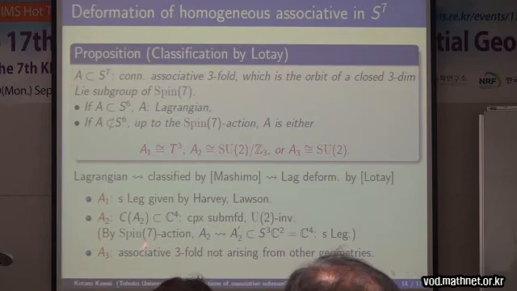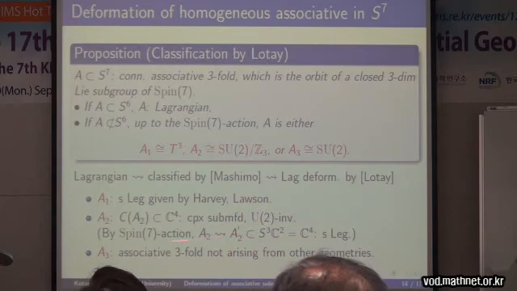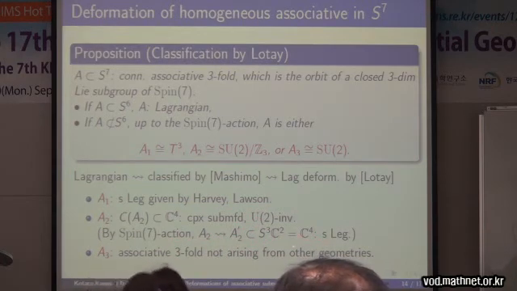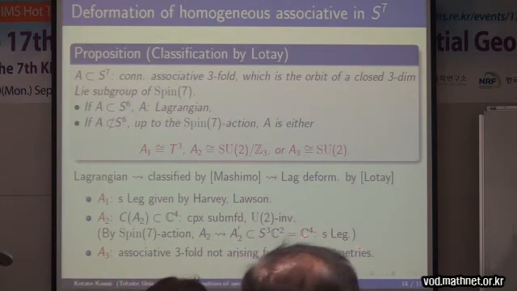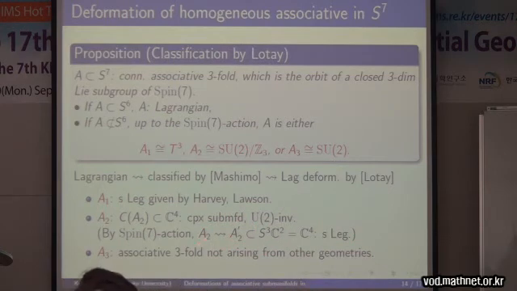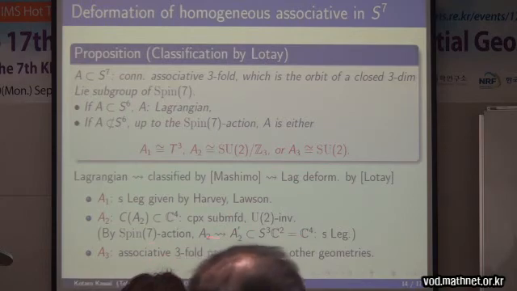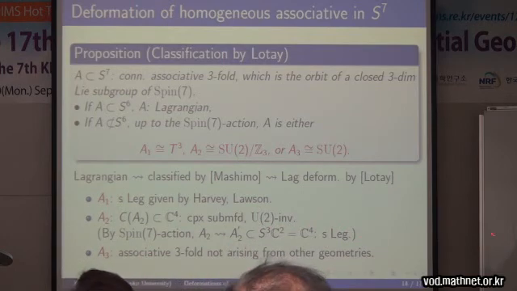By the Spin 7 action, A2 can be deformed to A2 prime, and A2 prime in C4 is special Lagrangian, which is obtained by the irreducible representation of SU2. Very interesting examples. In the case of A3, A3 is an associative submanifold not arising from other geometries. So A3 is not special Lagrangian or Lagrangian. It is a genuine associative one.